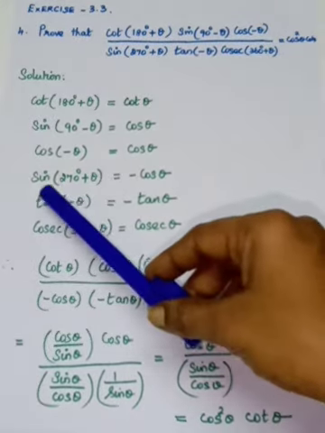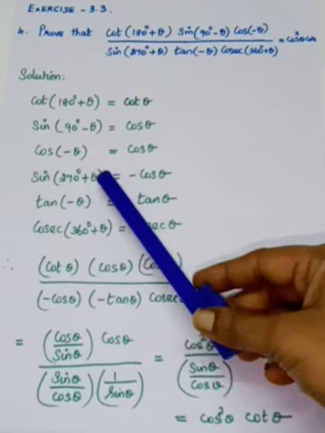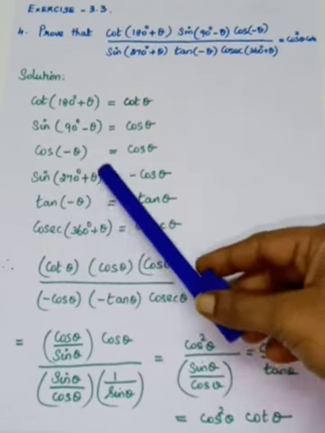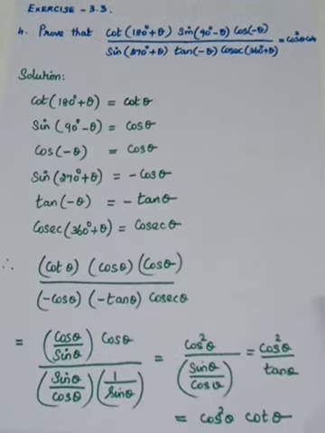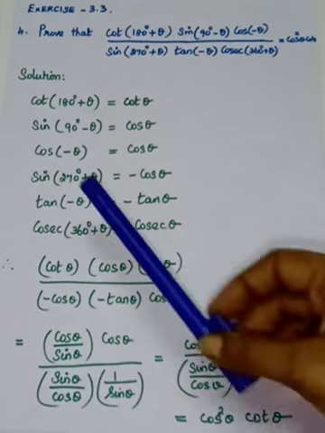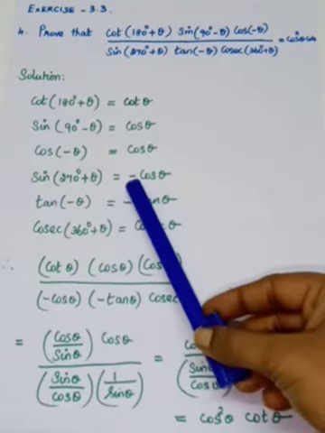Come to the denominator, the first term, sin of 270 degree plus theta. First you have to decide the sign. 270 degree plus theta comes in the fourth quadrant. Using the ASTC rule, in the fourth quadrant, cos theta and secant theta are positive. But here it is sine, so you have to put the minus sign.